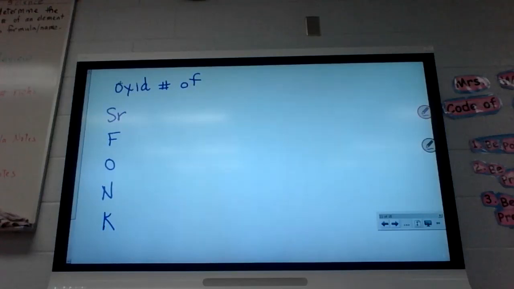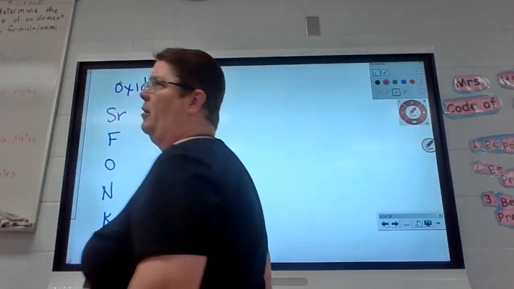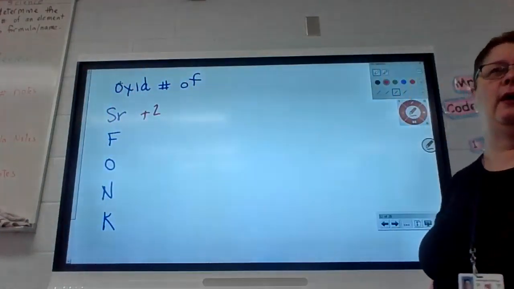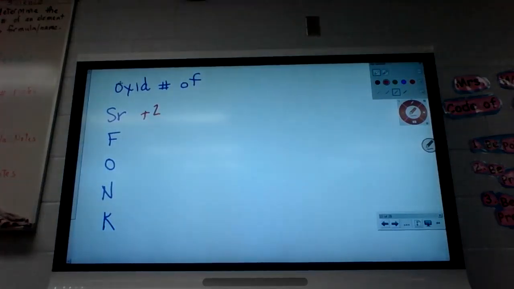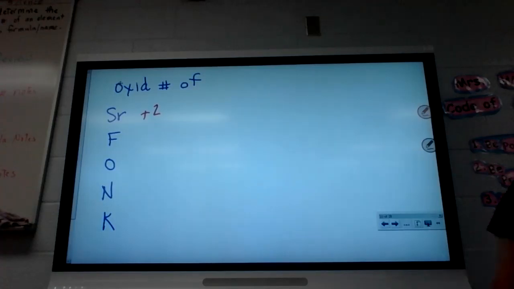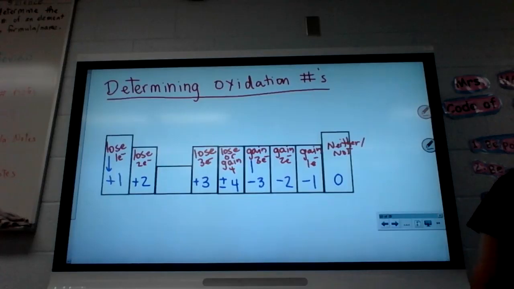All right, what is Sr's oxidation number? Tell me the oxidation number. It's 38. Plus 2. Everybody with Sr on plus 2? We don't need a calculator all day. All right. Fluorine. What's the oxidation number for fluorine? It's number 9. 7?